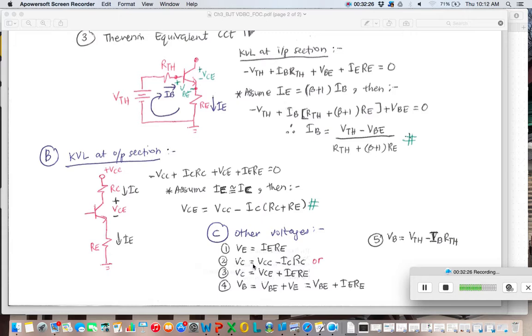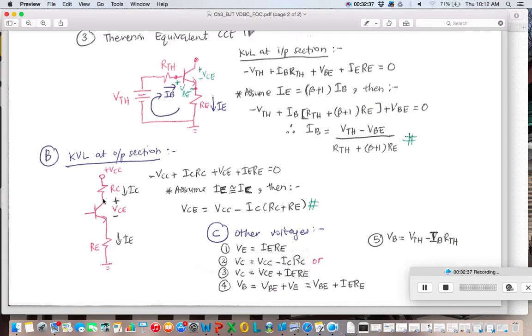VC you can calculate using VCC minus IC RC. Where is VC? VC is somewhere around here; it is a combination. You have two formulas to use. One is VCC minus IC RC.